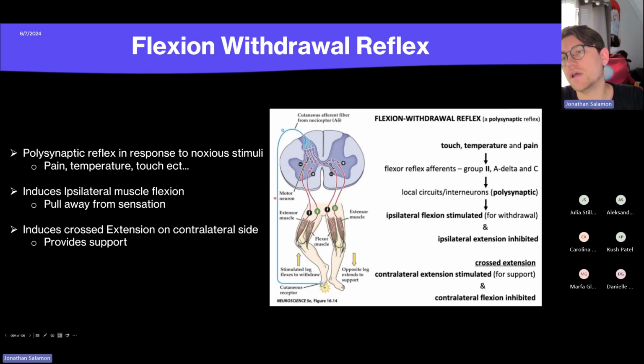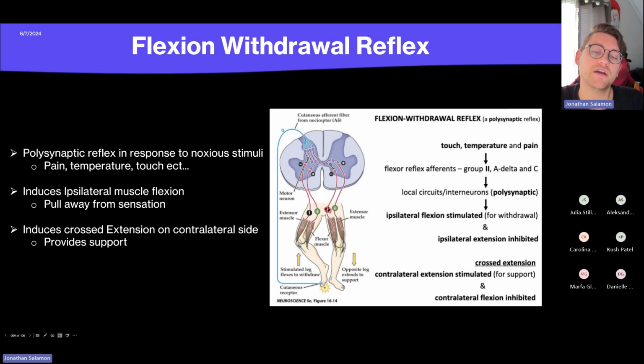Something that is important to know is that if you step on something with your right leg when you're walking, yes, your right flexor is going to contract and your right extensor is going to relax to allow you to withdraw that leg. But the opposite happens on your other leg because you need to maintain balance so you don't fall over, right?